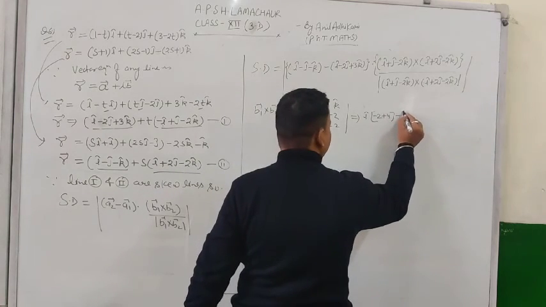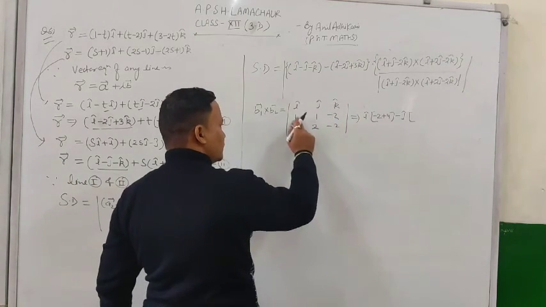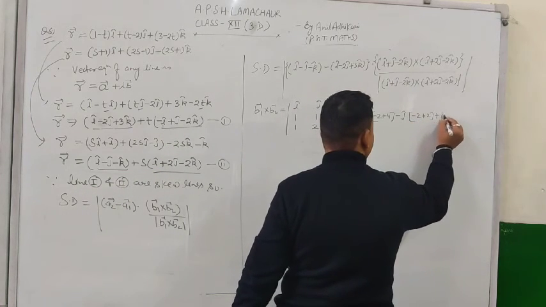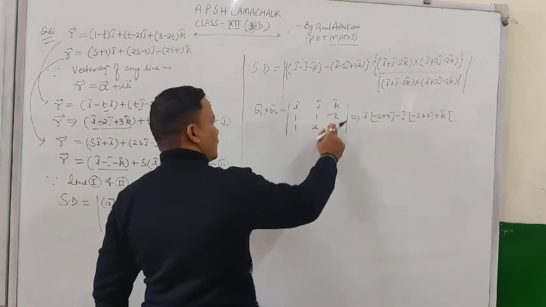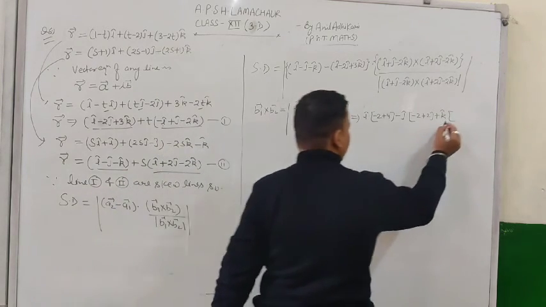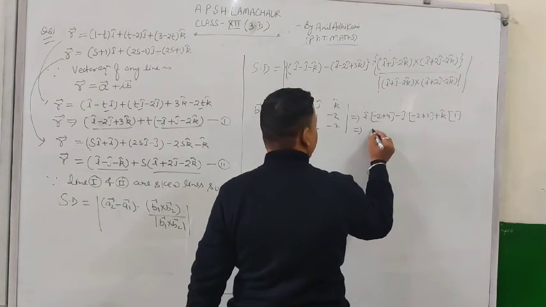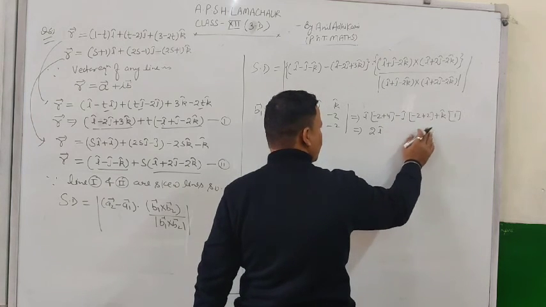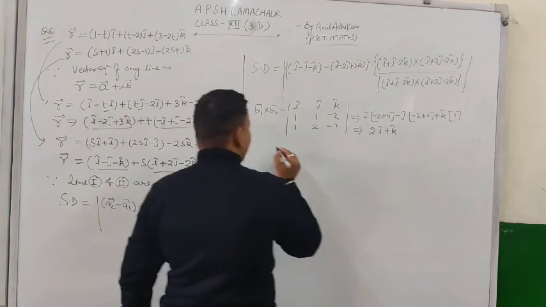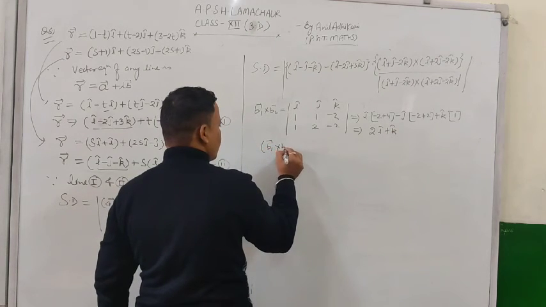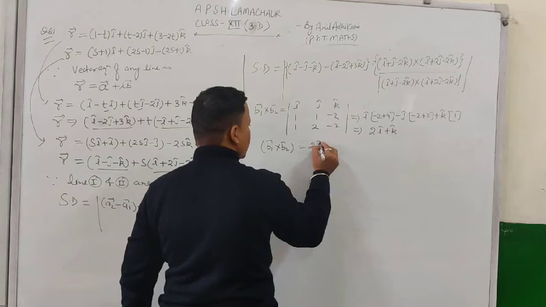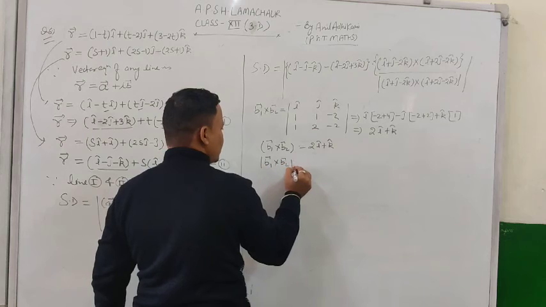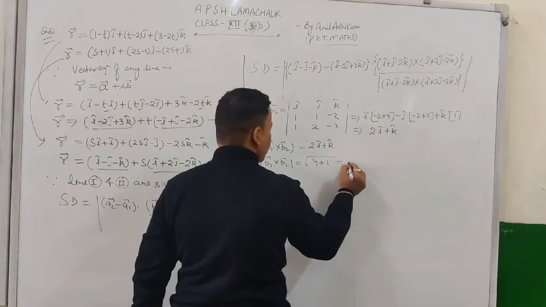Minus j cap, eliminating first row second column, minus 2 plus 2, that is 0. Plus k cap, eliminating first row third column, 2 minus 1, that is 1. So we get 2 times i cap, the coefficient of j cap is 0, so whole term will be 0, plus k cap. So b1 cross b2 is 2i plus k, and its magnitude is root of 2 square, 4, plus 1, that is root of 5.